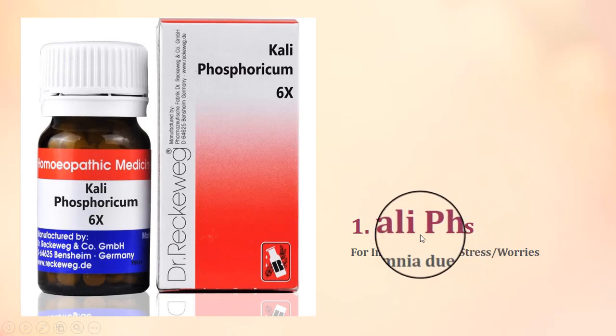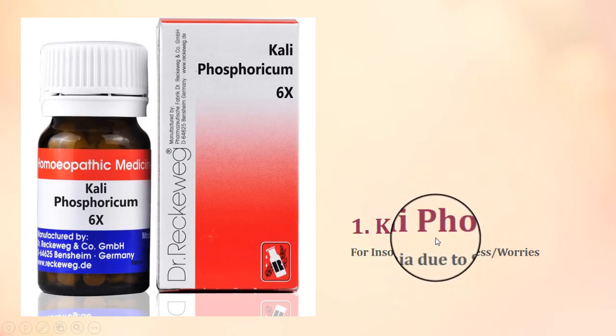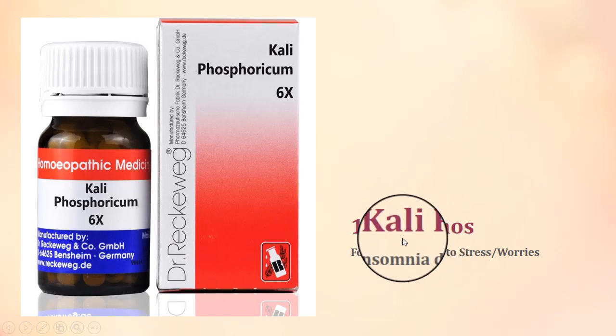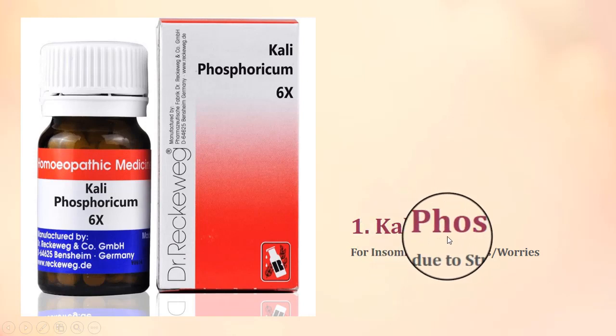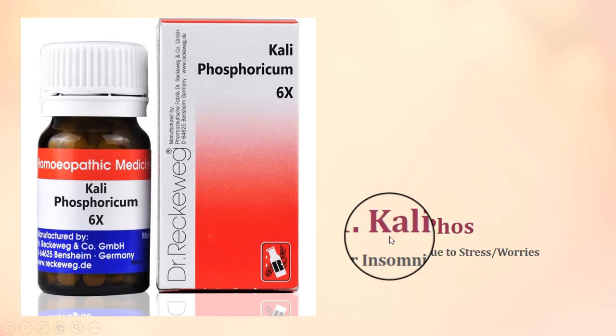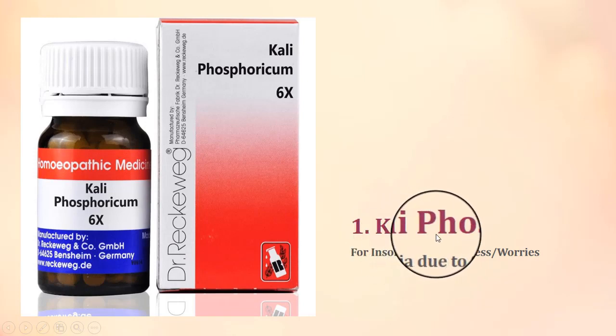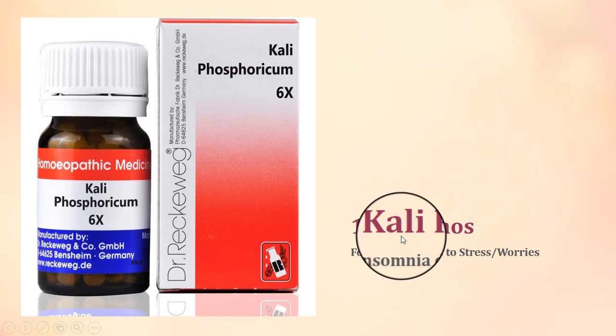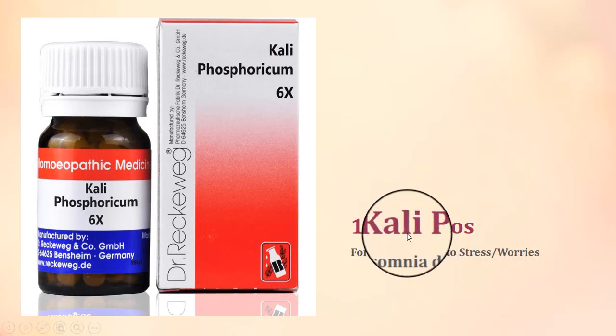Now what are the key indications for using PHOS for insomnia? The symptoms are: first, insomnia from stress and worries. Second, sleeplessness during the later part of the night. Third, night terror in children causing disturbed sleep.